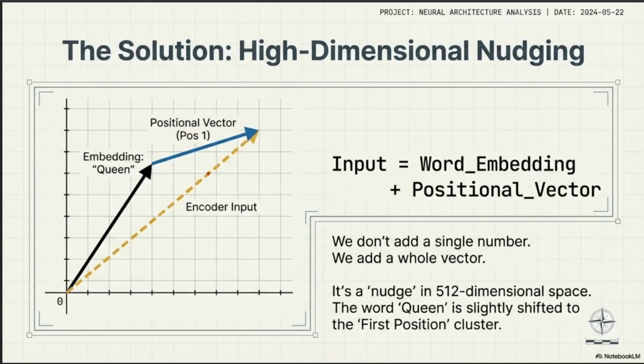If we add them, we get this yellow dashed vector. We're essentially nudging the word queen slightly in the specific direction that represents queen at position 1. This allows the model to retain the word's meaning while embedding its location directly into the numbers. So the input should be the embedding of the word plus the positional vector.